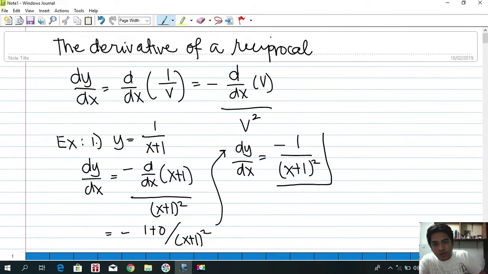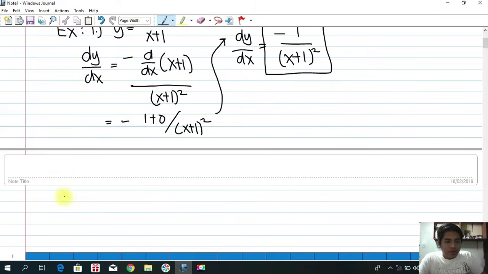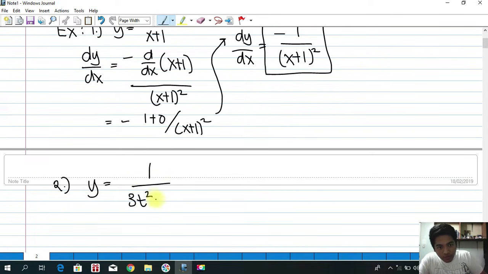And that is our answer. Okay? So another example is this. y is equal to 1 over 3t squared plus 4t minus 5.